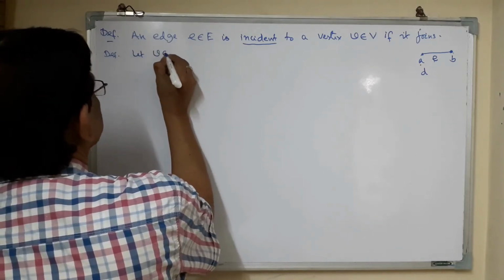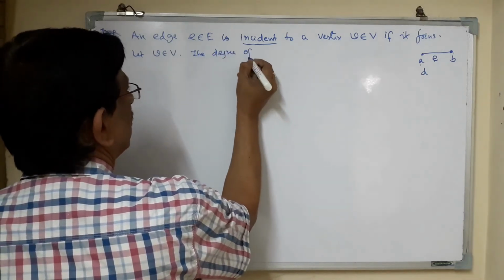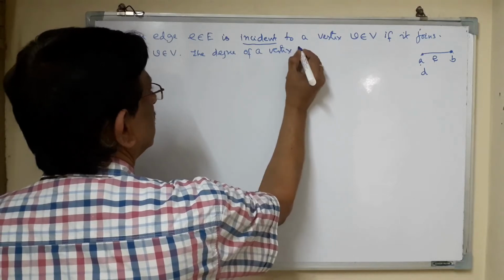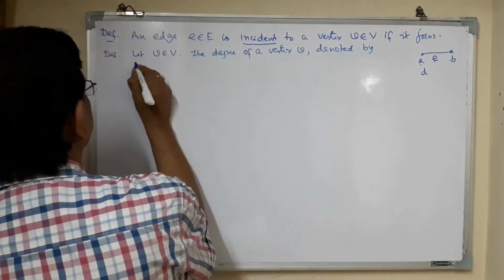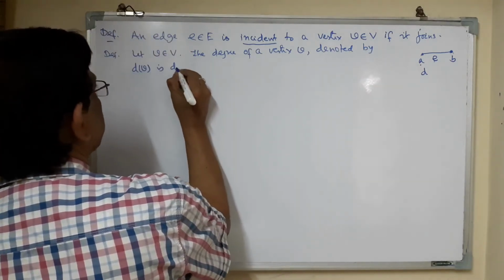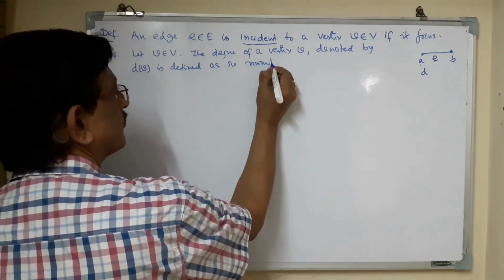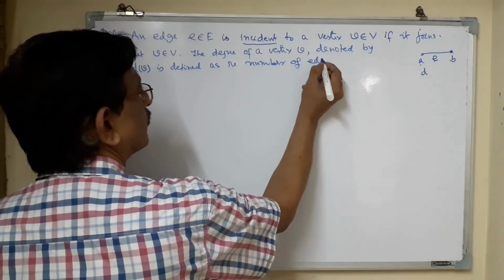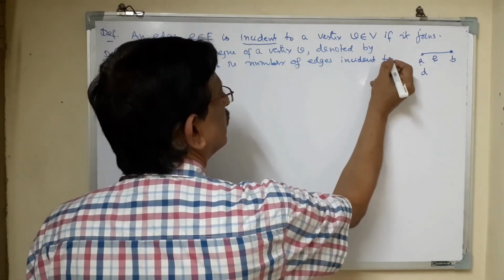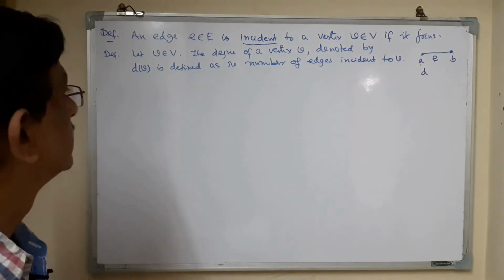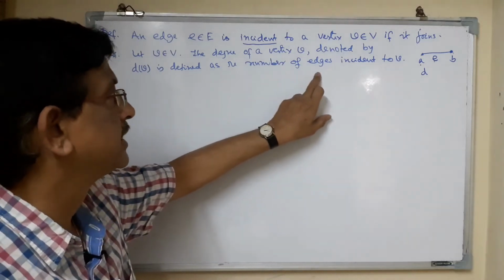Let V belong to V. The degree of a vertex V, denoted by d(V), is defined as the number of edges incident to V. I have taken a vertex V, and I am defining the degree of V. So the degree of V is defined as the number of edges incident to V.